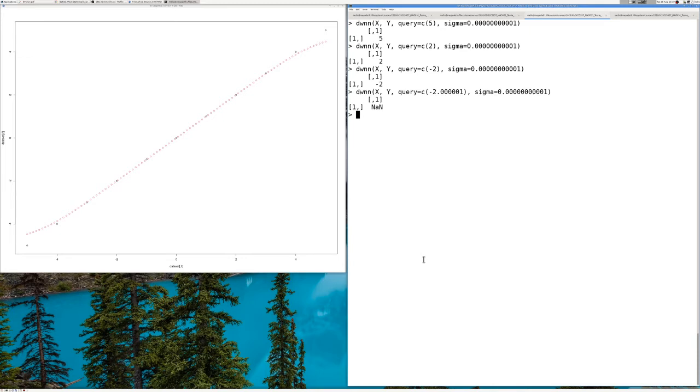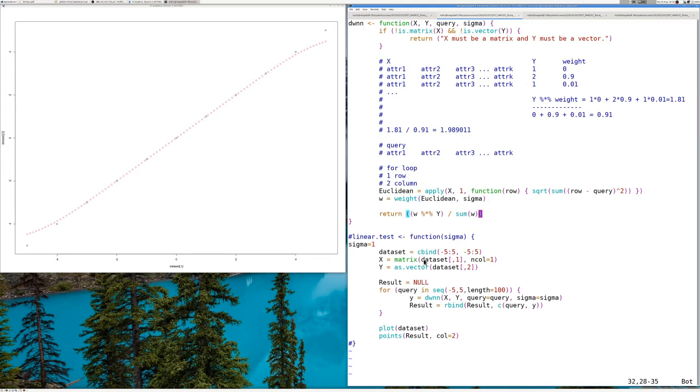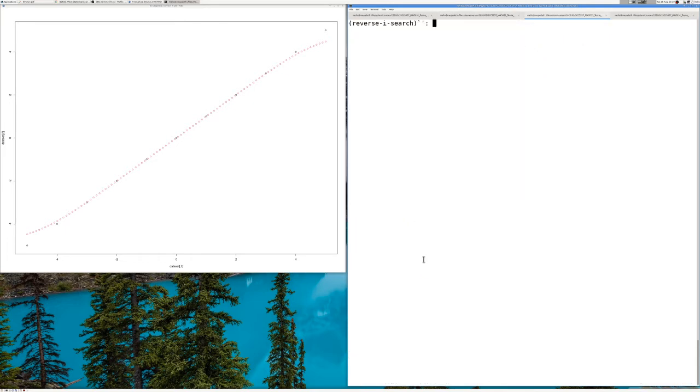Not a number. It's not generalizing. That's the same as coming back over here and plotting to you guys this linear approximation. Again, this linear approximation for a very small sigma, like 10 to -7.